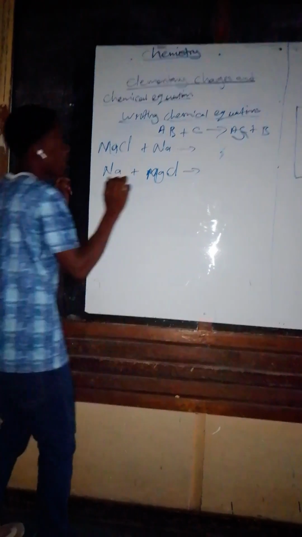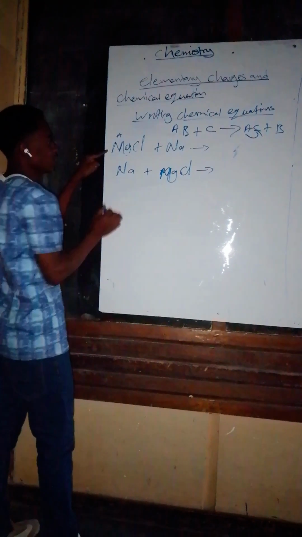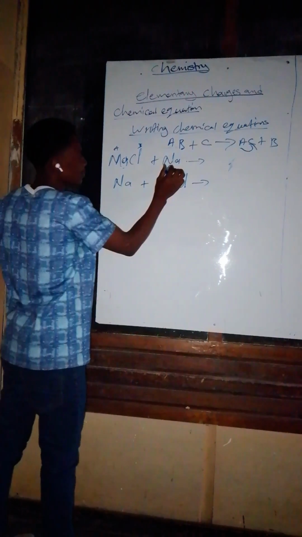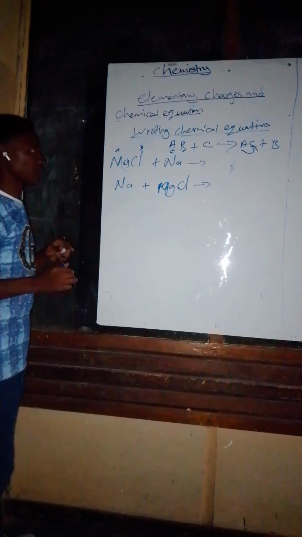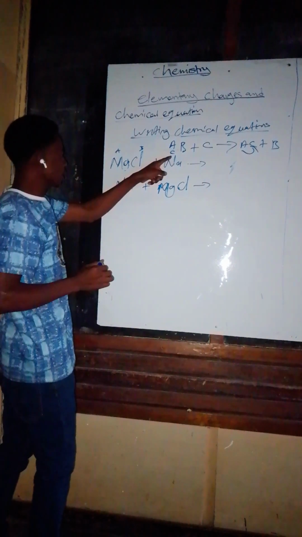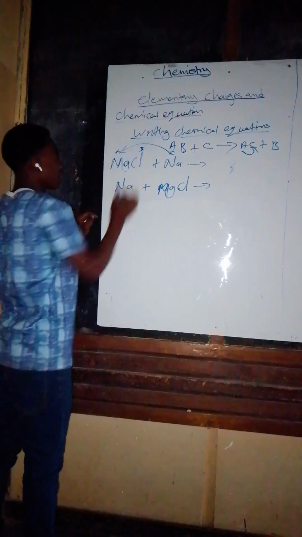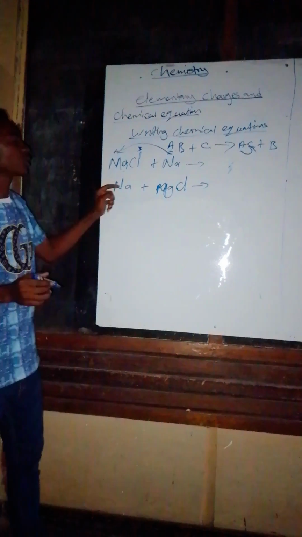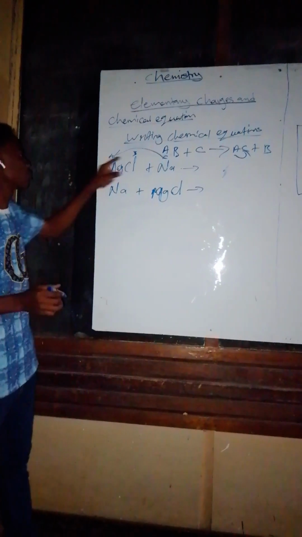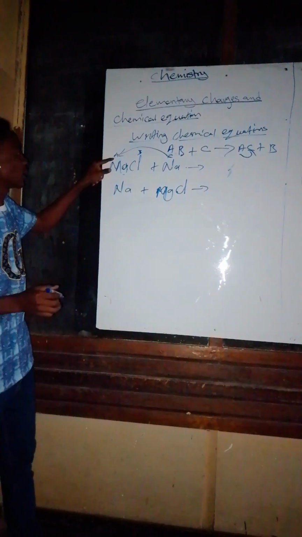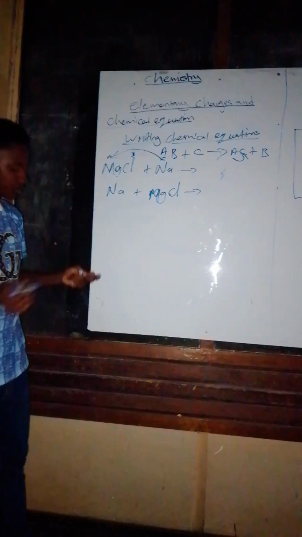Now if you compare, our A must be magnesium, then our B must be chlorine, then our C must be sodium. Now if C takes A there, which is specifically sodium there, this reaction cannot happen because this is a metal and this one is a metal too. So there is no reaction between metals.